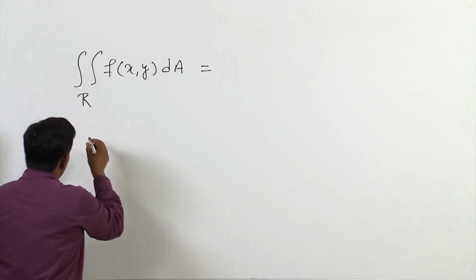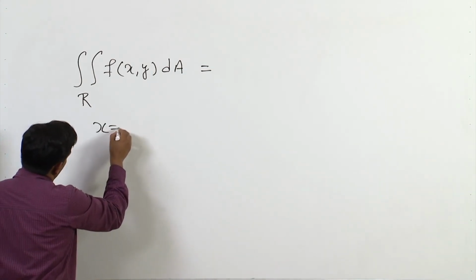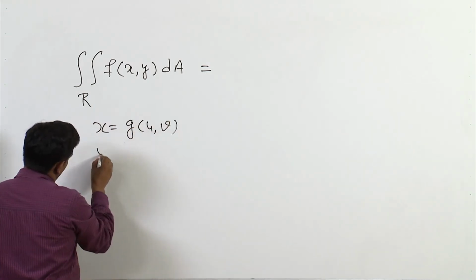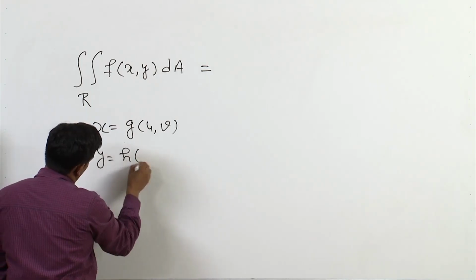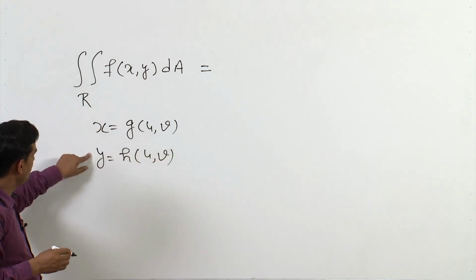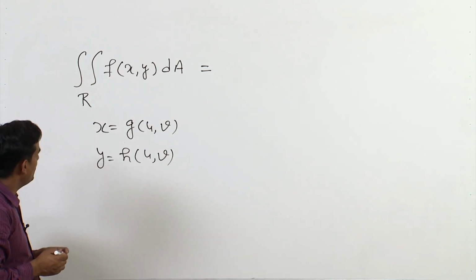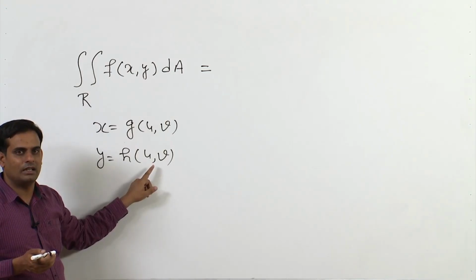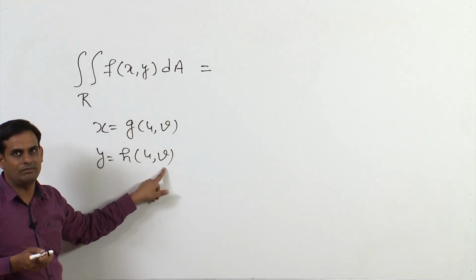Now what I am doing is making a transformation x equals g of u v, y equals h of u v. So, after making these two transformations, my original problem in variables x and y is changed into the variables u and v.